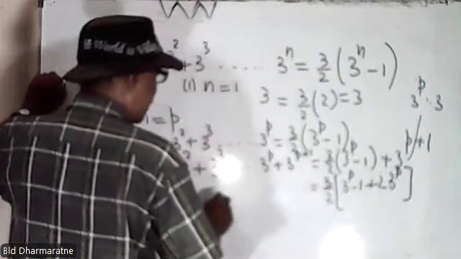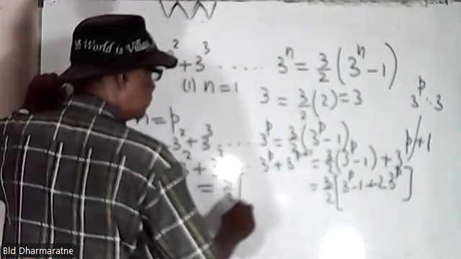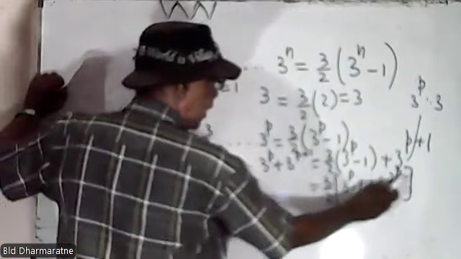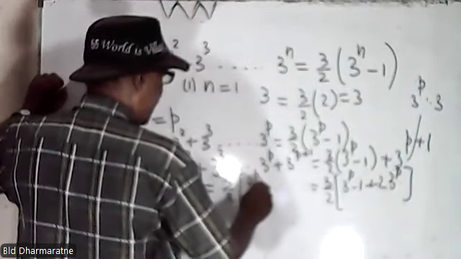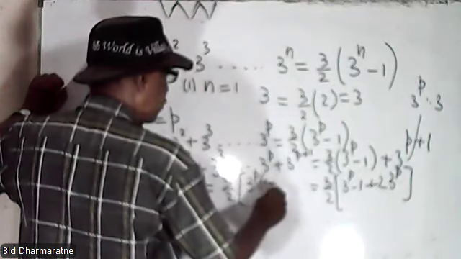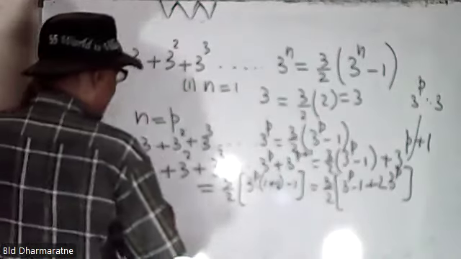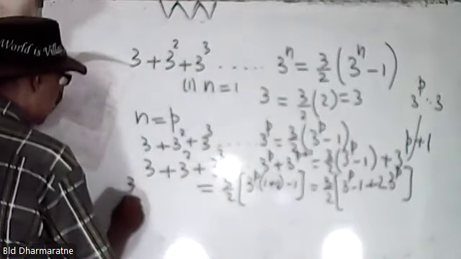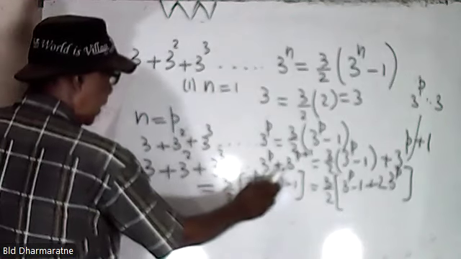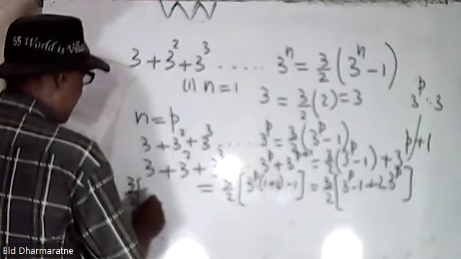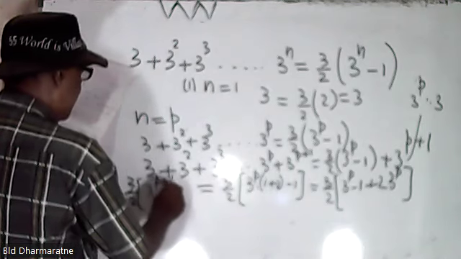Now we calculate this one. 3/2, taking 3^p out here: 3^p times 3, 3^p into 1 plus 2 minus 1. This is 3/2 times 3^(p+1) minus 1, already in the indices form p plus 1 minus 1.